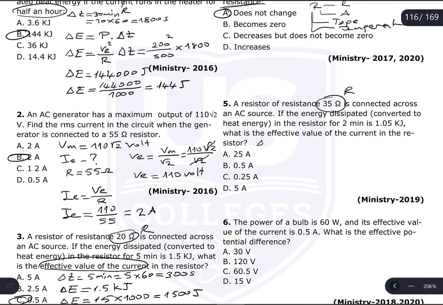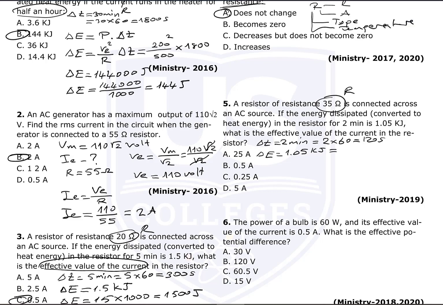Delta T is given as 2 minutes, 2 times 60, which is 120 seconds. Energy is given as 1.05 kilojoule, but kilojoule is not used in calculation. We have to convert it to joule by multiplying by 1000. It's going to be 1050 joule.